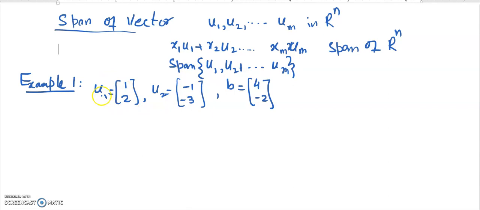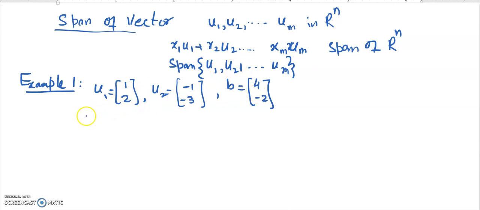To determine this, we can multiply u1 and u2 with some constants, in this case x1 and x2, and determine the values of these constants to give the value of b.